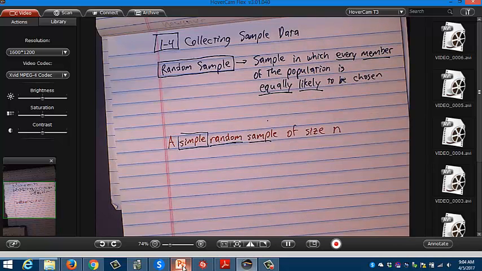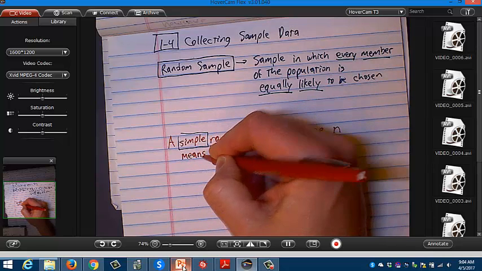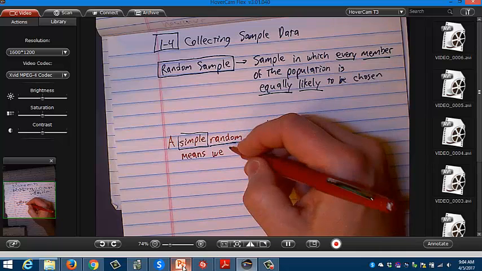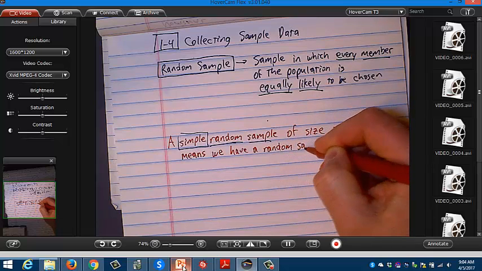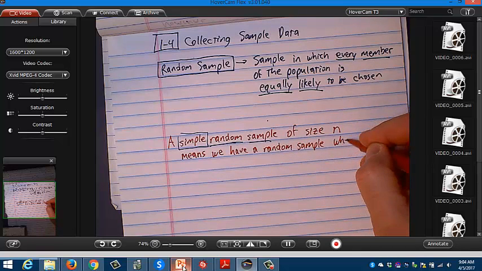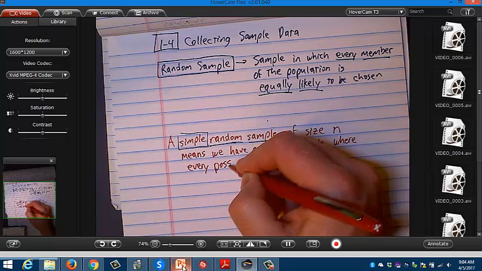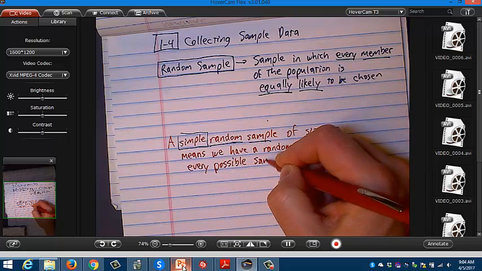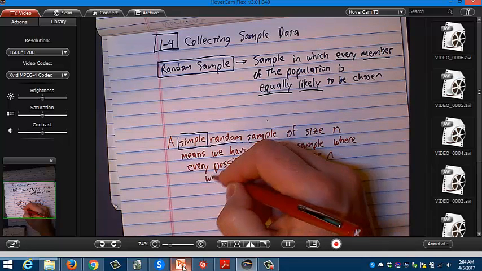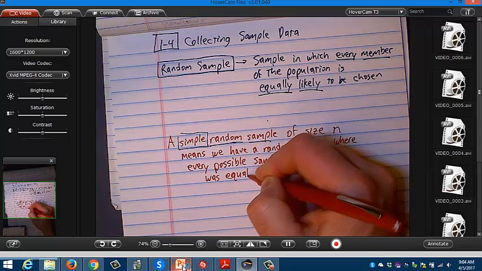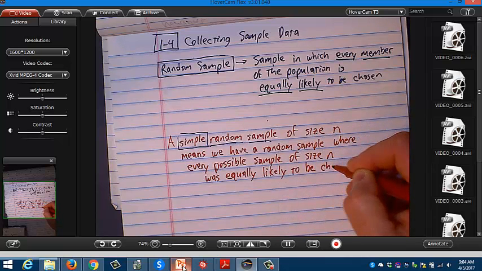So we'll say it's a simple random sample of size n means we have a random sample where every possible sample of size n was equally likely to be chosen.